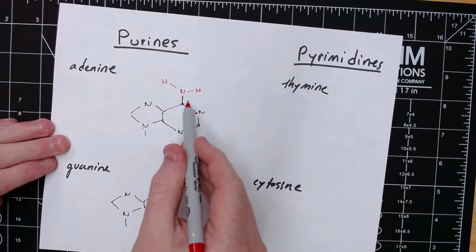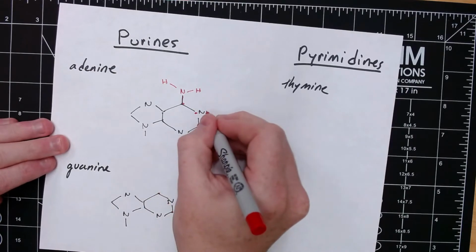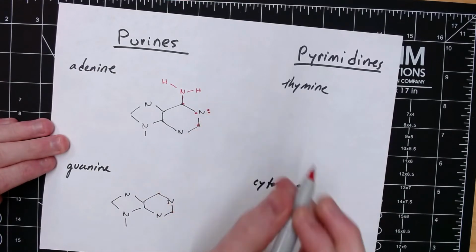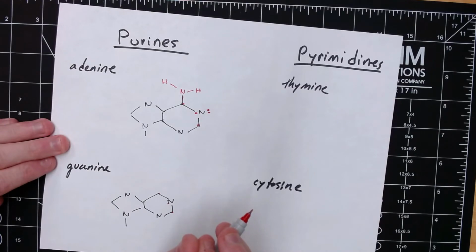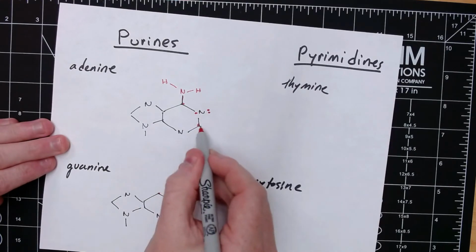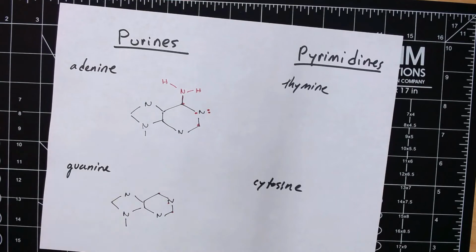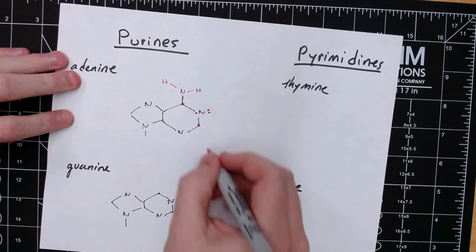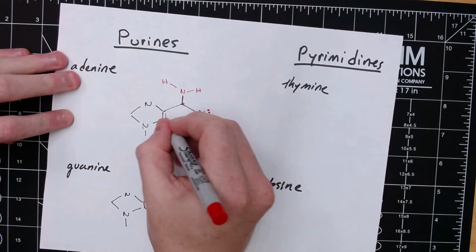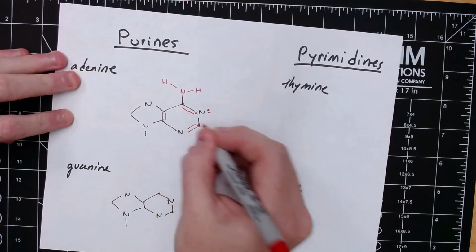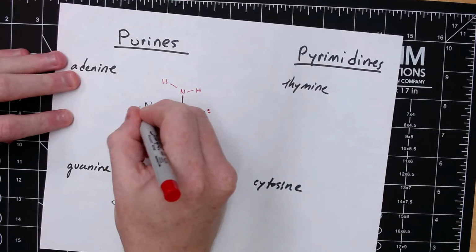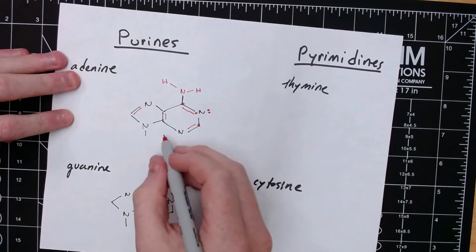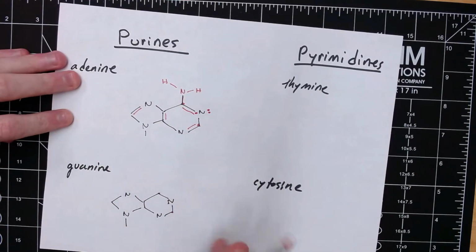And if there's an amino group here, then that means there's going to be a lone pair on this nitrogen position. And in the case of adenine, there's no substitution at this slot. And so from here, we can go ahead and draw the remaining double bonds in our structure, like here. And this completes our adenine nucleotide.